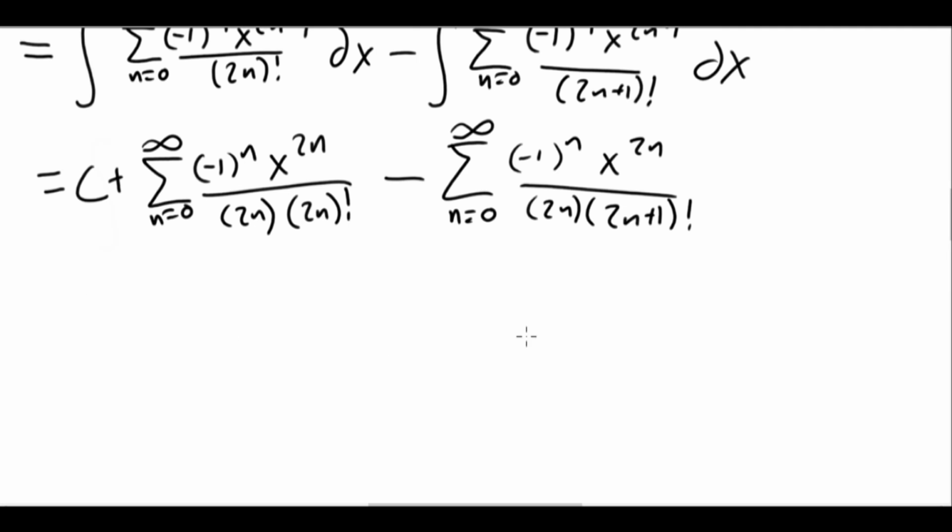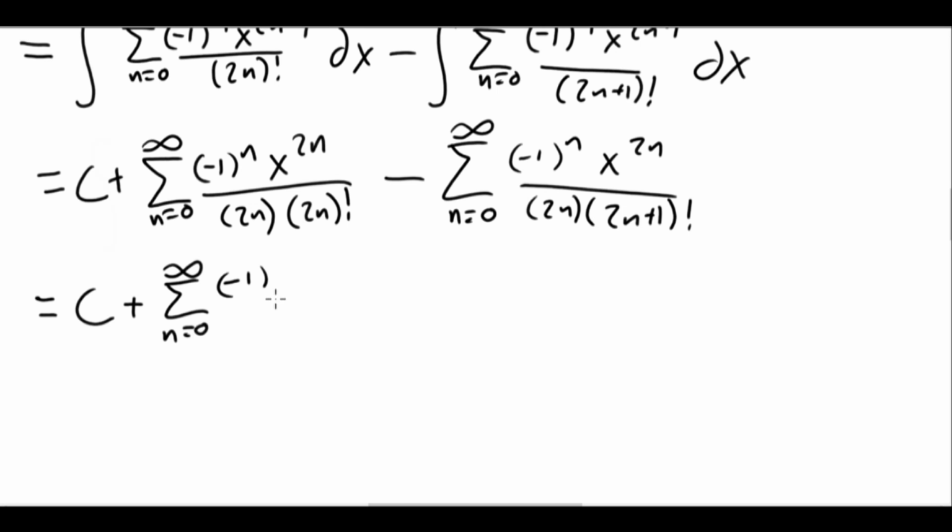So now that we've performed integration, we simply need to make sense of this information. The first step is to combine these sums into one sum. Since they have the same upper and lower limits, we can combine them under the same sigma.